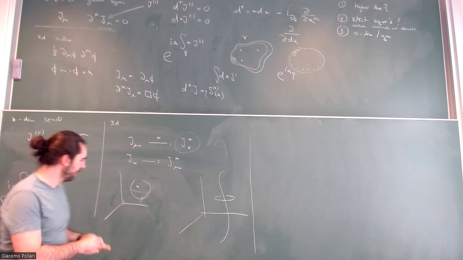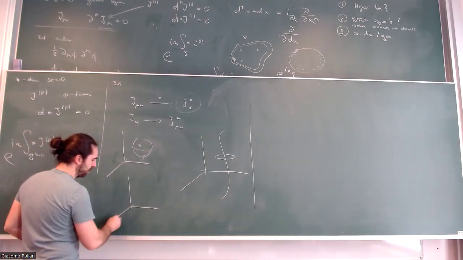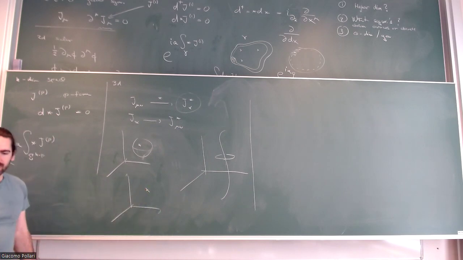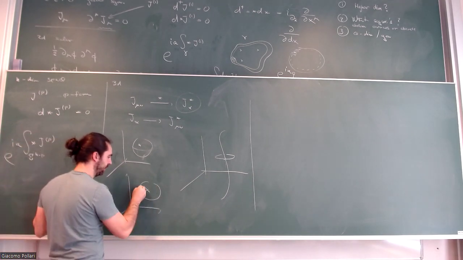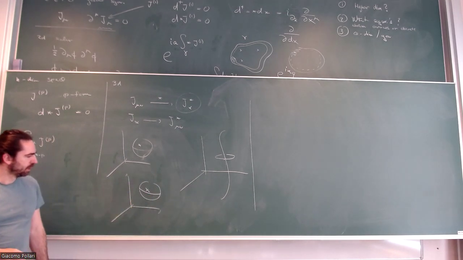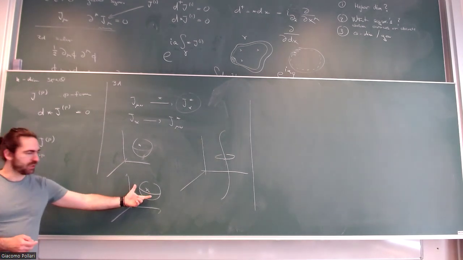So if I were in the usual previous case, say I have my local insertion and I want to apply on it the action of a codimension 1 topological operator, i.e. the normal symmetry.